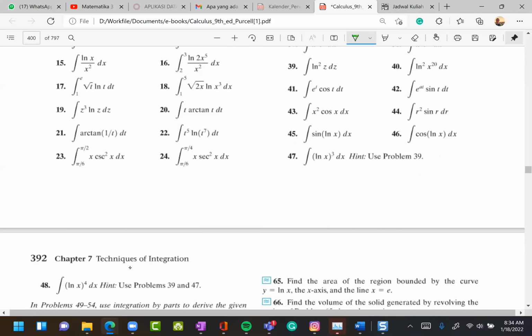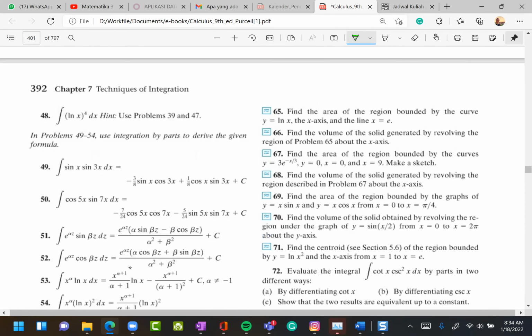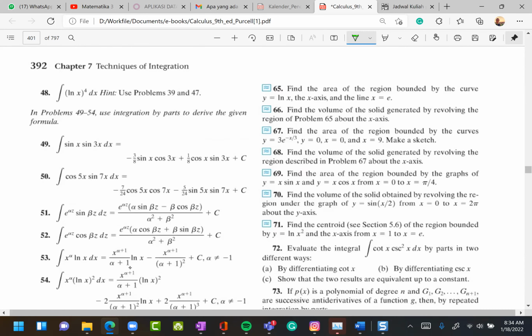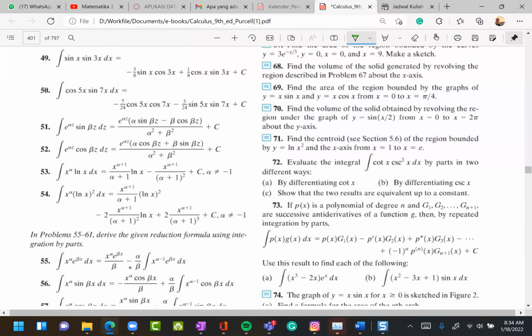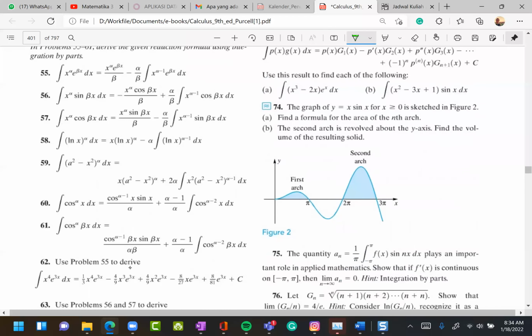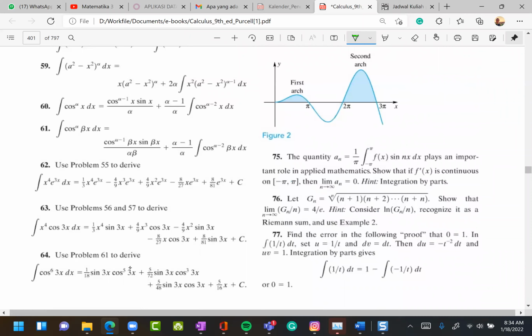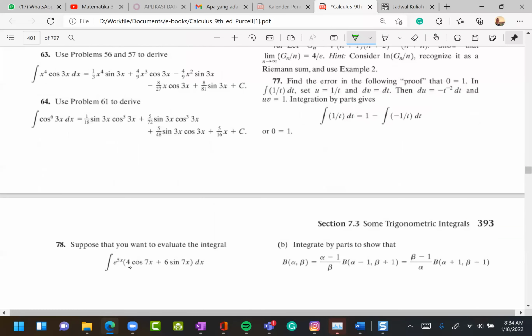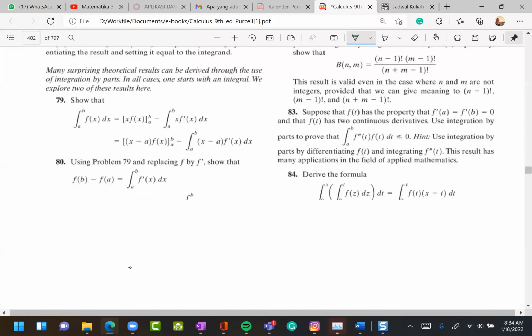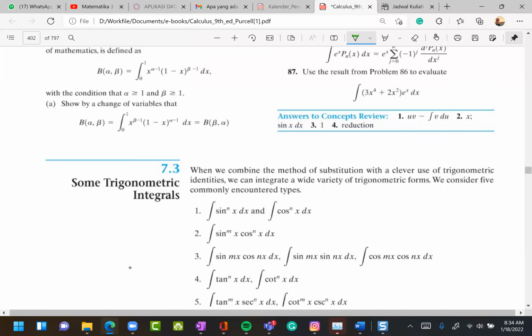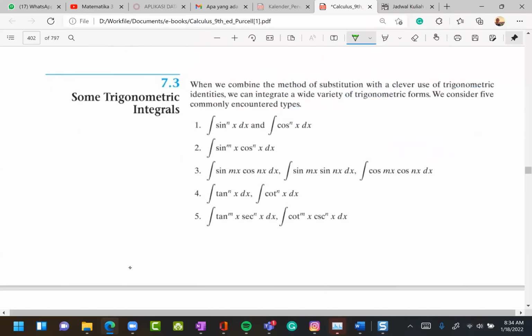Any questions? If not, then let's continue with the next method, some trig integrals.